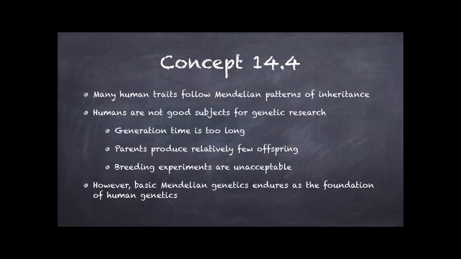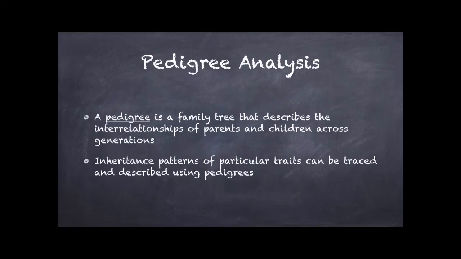But we can still apply some of Mendel's genetics to what we know about human genetics through years of research. One of the ways we can analyze how traits are passed down is through something called a pedigree.